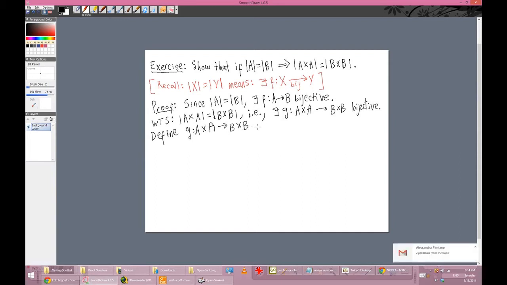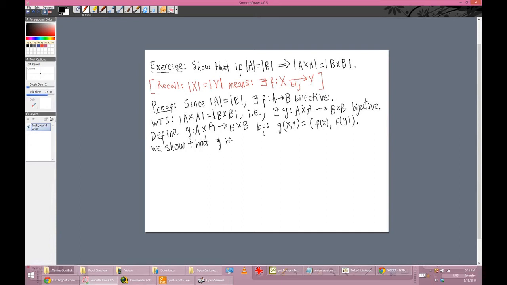We define G from A cross A to B cross B by G of (x, y) equals (f of x, f of y). This makes sense because the values of f land in B. So this is a well-defined function that sends pairs of elements of A to pairs of elements of B.